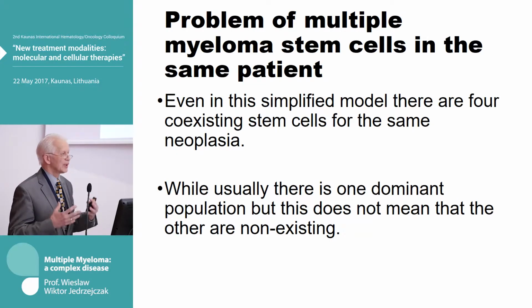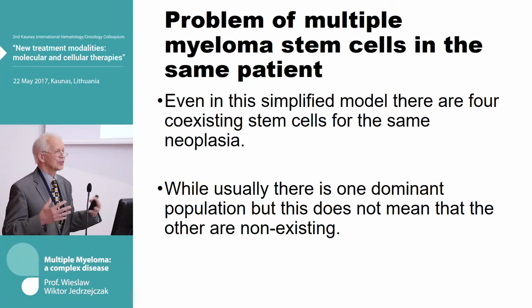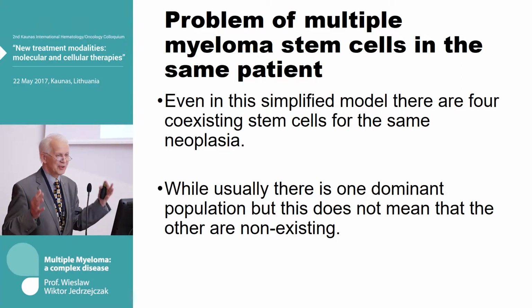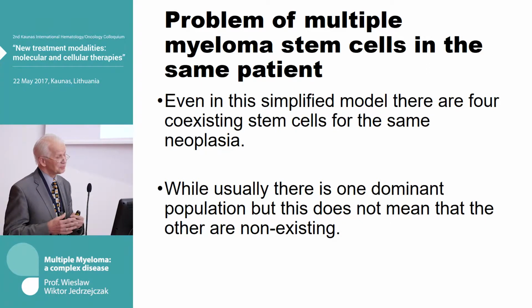This means that if we need to consider how we would treat multiple myeloma, we have to think about not just one myeloma stem cell population, but multiple subclones within a single patient. Also, sometimes if we analyze this, we see only one dominant stem cell population.